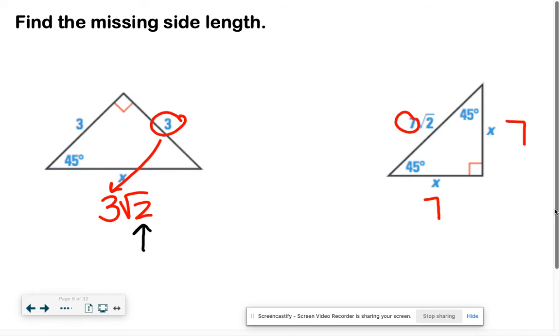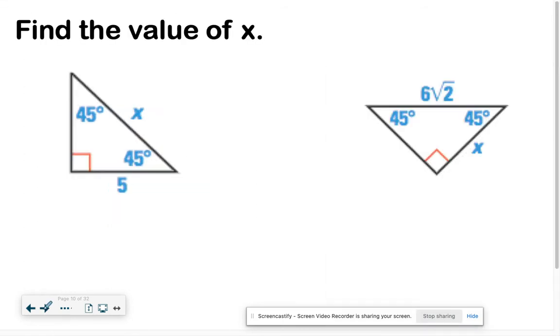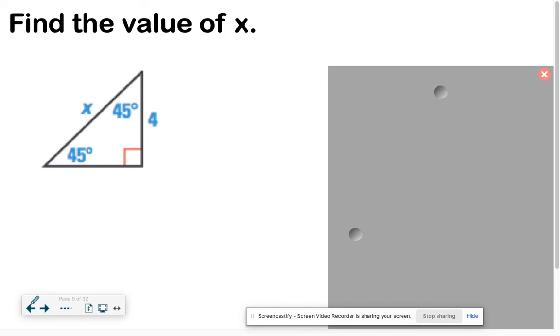Should we try a few more? I think we should. Let's flip it over to the next page. And in this next example, is x a hypotenuse or a leg? A hypotenuse. How do we find it? 4 square root 2.